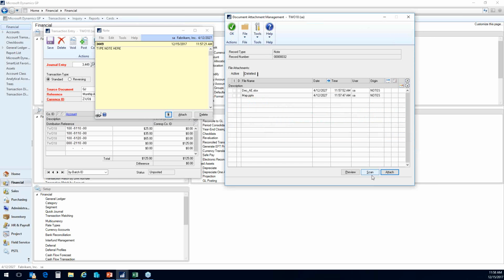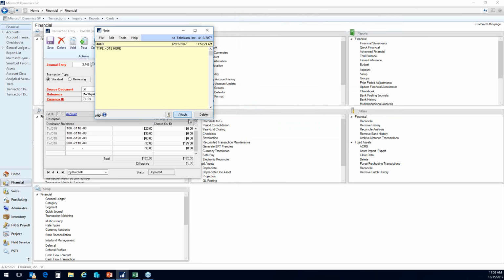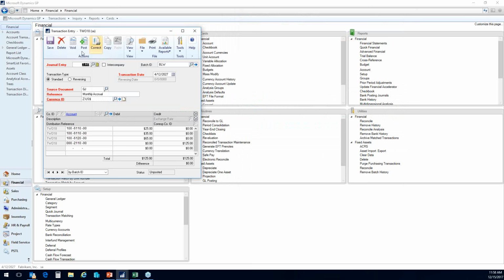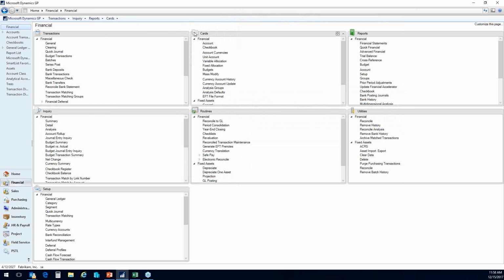So if you've got something, maybe it's a contract, or in this case, it could be a journal entry from your CPA. Well, you certainly want a copy of that on that transaction so that they know that you put it in exactly the way they wrote it. And so you can scan directly into the window as well and make those a permanent part of the transaction or the master record. And that works virtually throughout the system now.